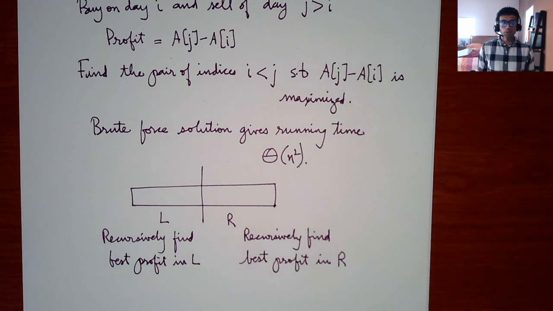How do you combine? There's one situation that's left. And what is that situation? You buy in the left and sell in the right. Exactly. This is exactly the situation that's left.